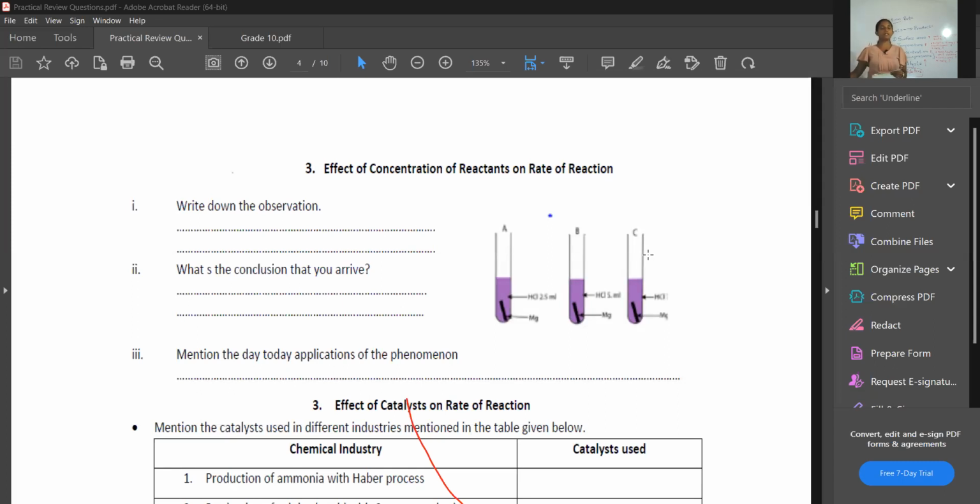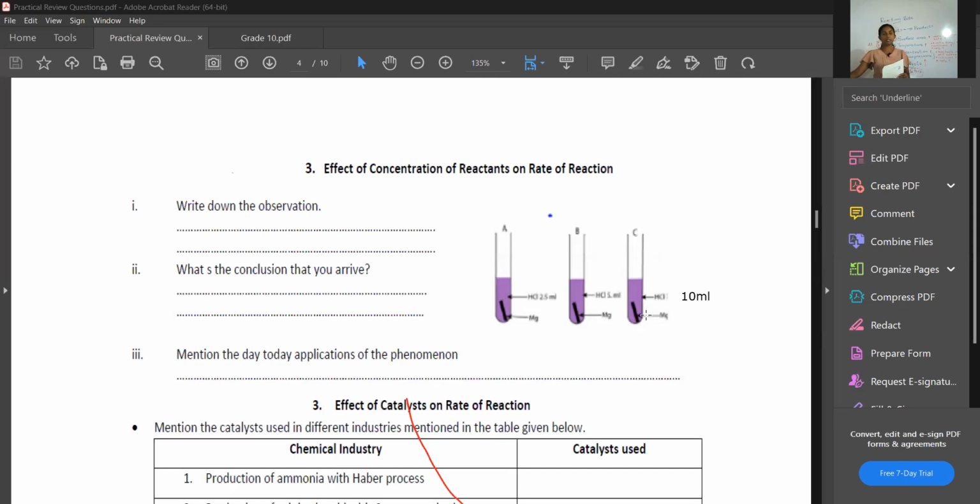Right, test tube C, write as 10 HCl. Then write down the observation. The reaction between magnesium and HCl: it forms magnesium chloride and hydrogen gas. In test tube C, we can observe gas bubbles evolving fast.